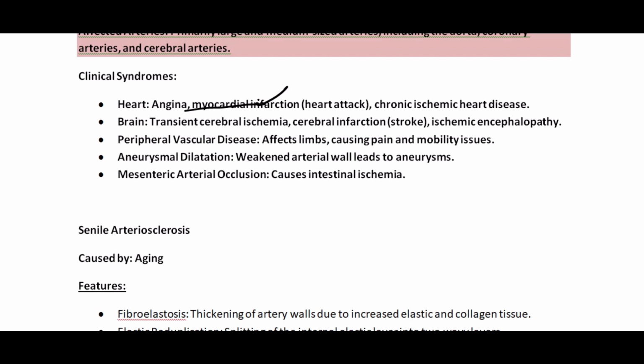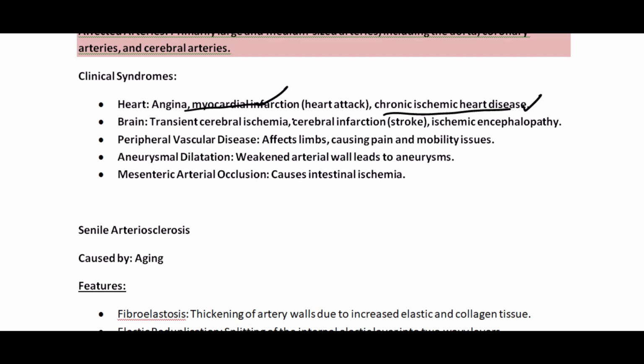That will block the coronary artery and it can lead to chronic ischemic heart disease. In the brain, it can lead to temporary reduction in the blood flow to the brain that causes a transient ischemic attack. There could be stroke, permanent damage to the brain tissue due to the prolonged ischemia.